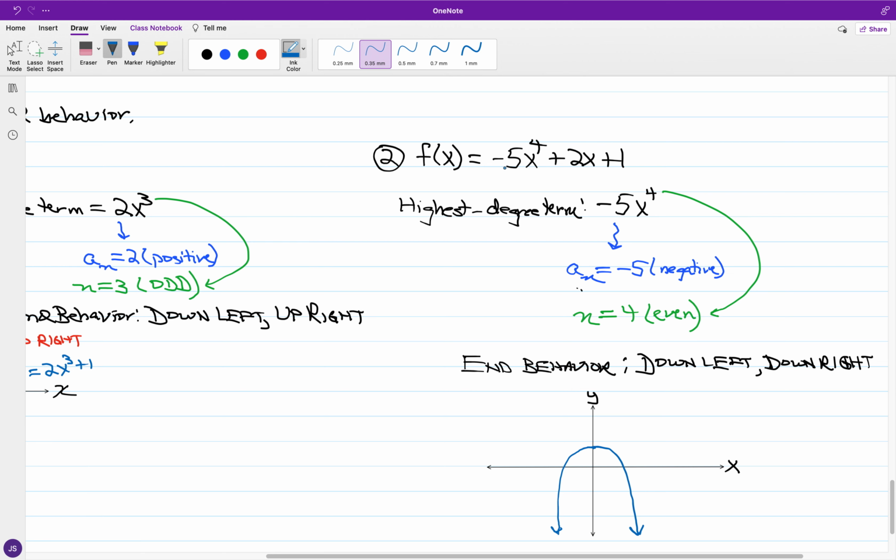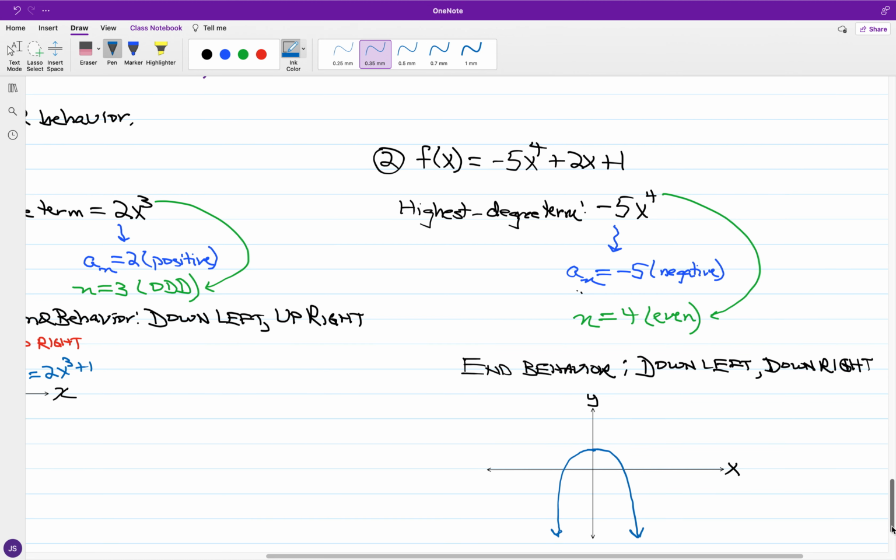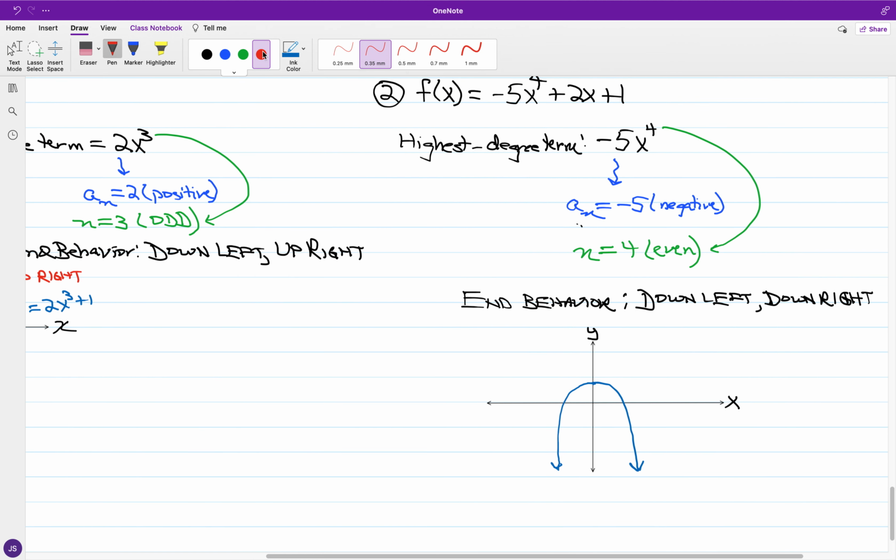If you're looking at factored form, like what we did earlier, it could show up. But if you're looking at the expanded form, the degrees are all going to be different. In other words, in factored form you might have negative 5x to the fourth times, let's say, x minus 1 raised to the fourth, something like that could crop up. And the end behavior is down to the left, down to the right.